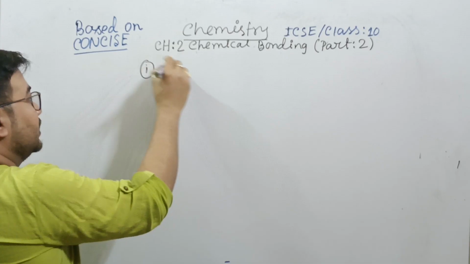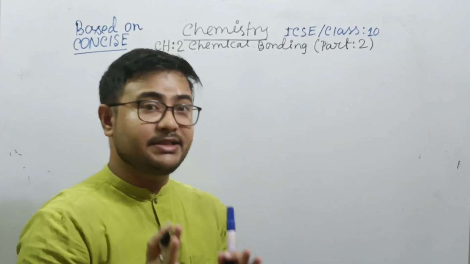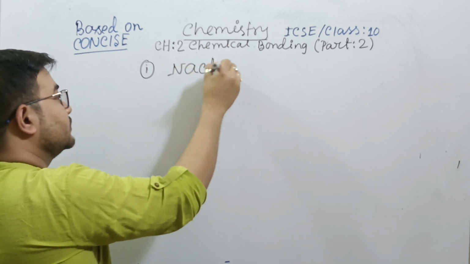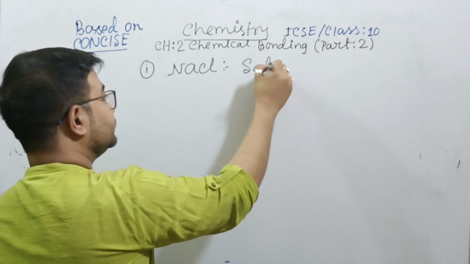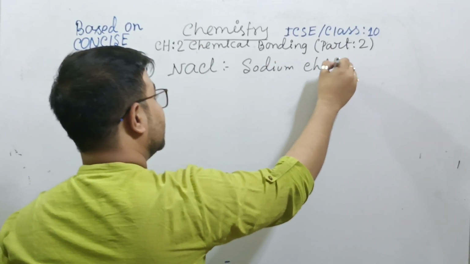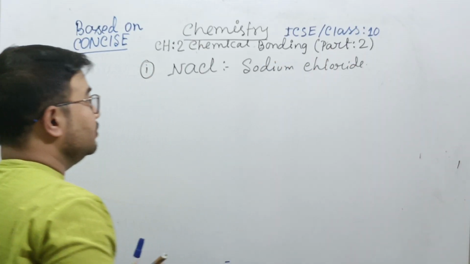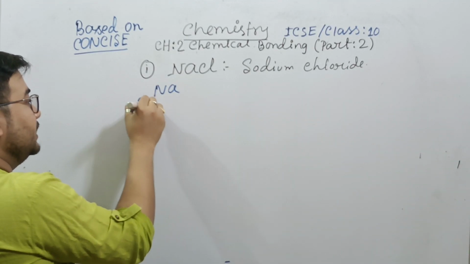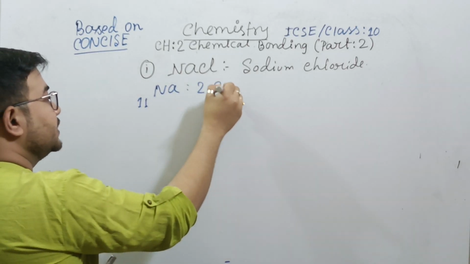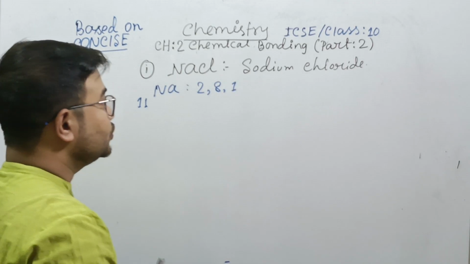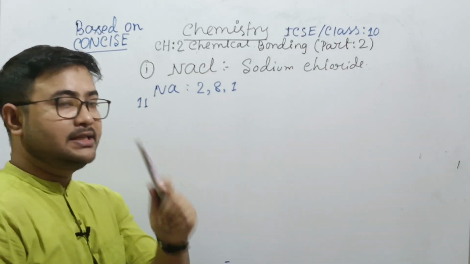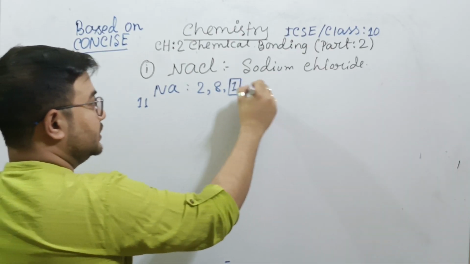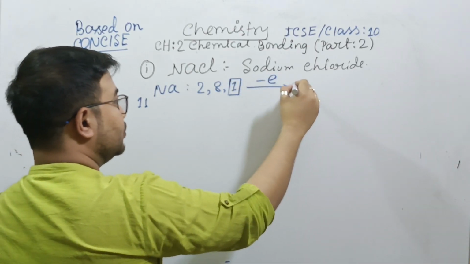First, according to our syllabus, our first compound is sodium chloride. Now try to understand: what is the atomic number of sodium? 11, that is 2, 8, 1. From the electronic configuration you can easily understand that if sodium loses this last electron, it loses e-.